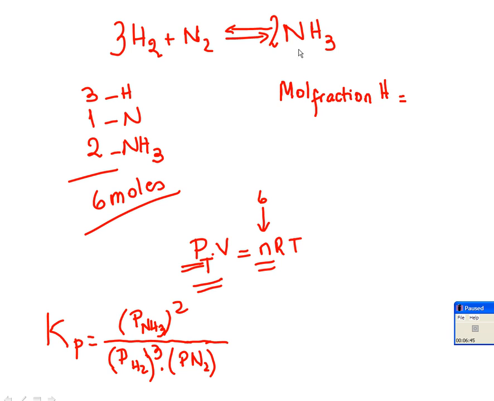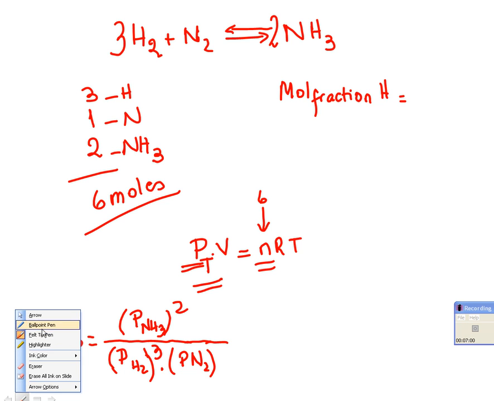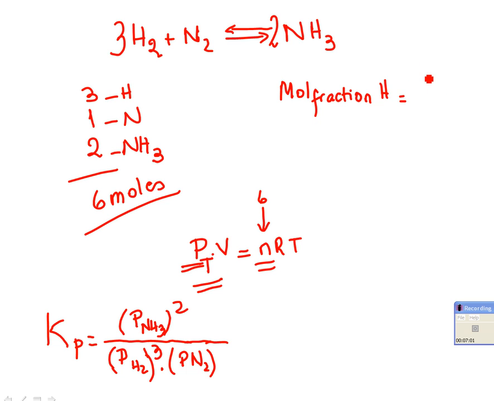So we are going to calculate the mole fraction. It is the moles of this particular gas, in this case hydrogen, divided by the total moles that I have. So in this case it's going to be 3 moles of hydrogen divided by 6, that is the total moles. So it's going to be 1/2.